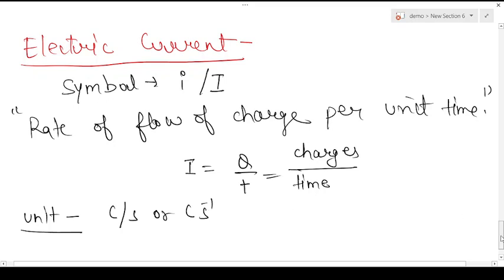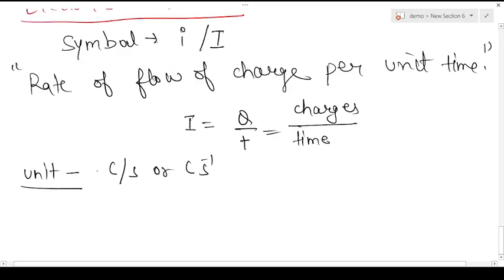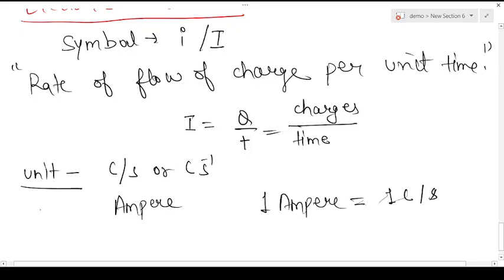But see, this unit is not the SI unit. This is renamed as ampere. So we can say that 1 ampere equals 1 coulomb per second. Ampere is the SI unit, and this is a fundamental unit.